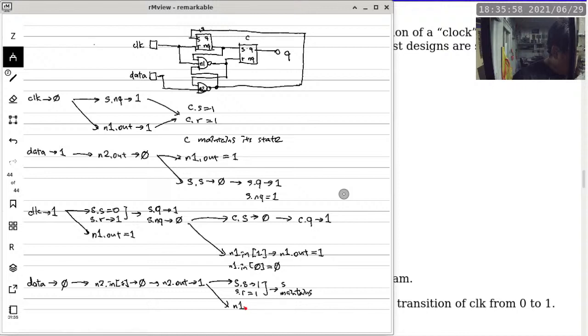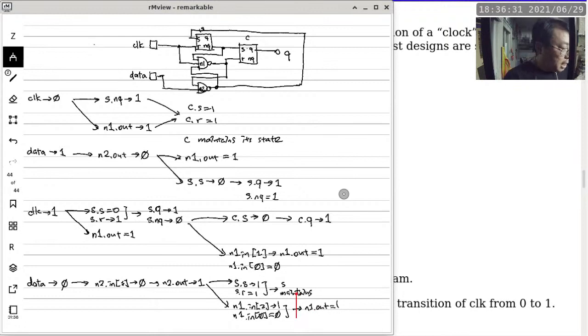So because of that, even though N1.in[2] is becoming a 1, we also know that N1.in[0], which is the first input pin, is maintaining a 0, and together this means N1.out is maintaining its current output of 1, because that's what it was before, and it is continuing to be a 1.